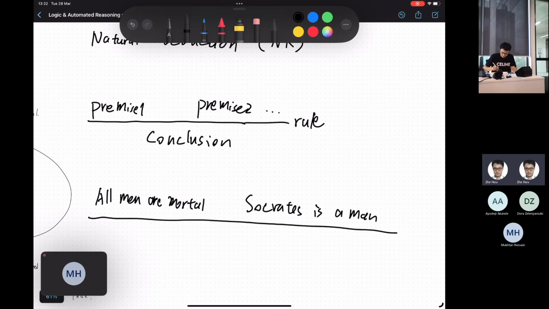And then we get the conclusion: Socrates is mortal. Above the line are things we know are true. Below the line is what we can derive. That's the format of an inference rule.